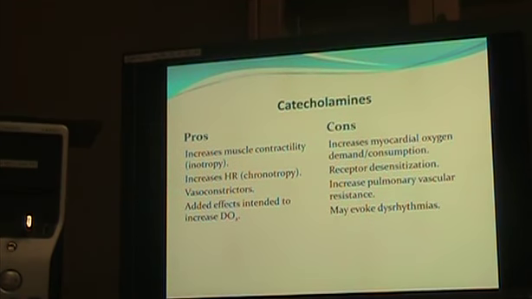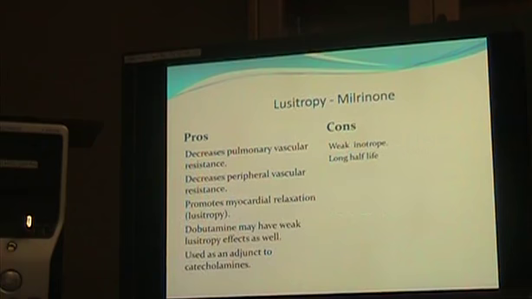You're going to increase oxygen demand and consumption. You can increase pulmonary vascular resistance, so your patient that comes in with a history or clinical signs of pulmonary hypertension, use catecholamines very, very carefully. And catecholamines can also evoke dysrhythmia. So if you have a patient in cardiogenic shock that is not in sinus rhythm, again, use it very, very carefully and in consultation with medical control.